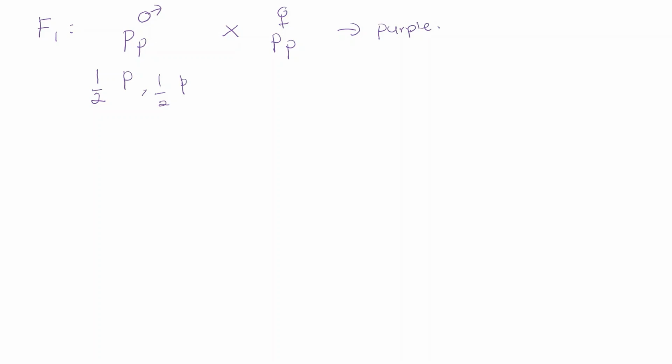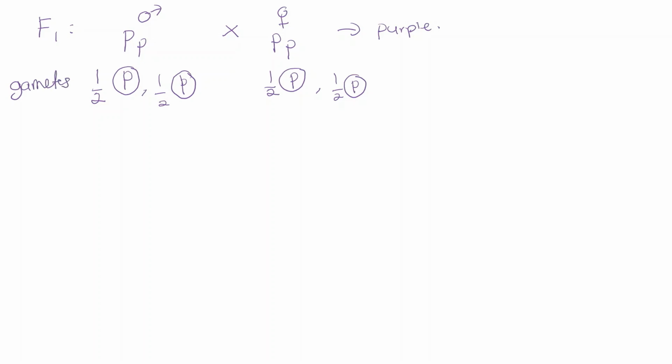In order to write the gametes, you write them in a circle to indicate that these are gametes. The same goes for the female individual. Half of the gametes would have the dominant P allele, and the other half would have the recessive small p allele. So you write here gametes.